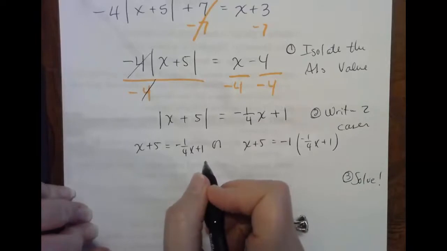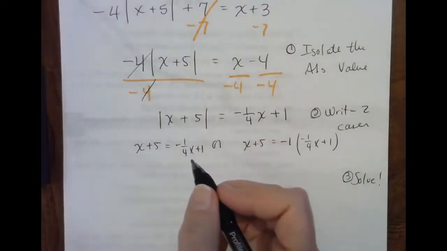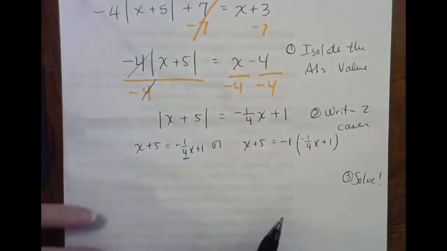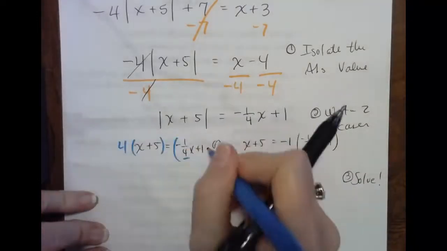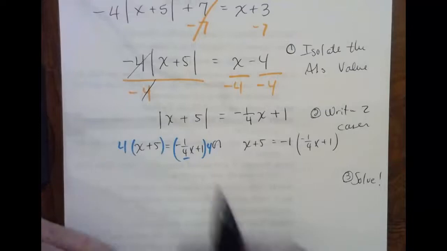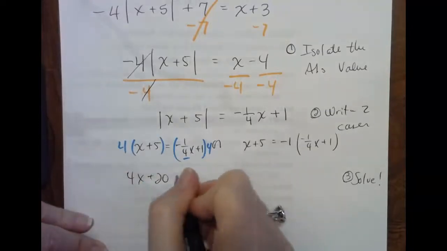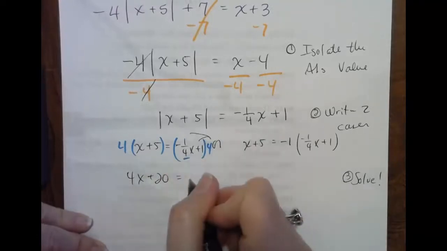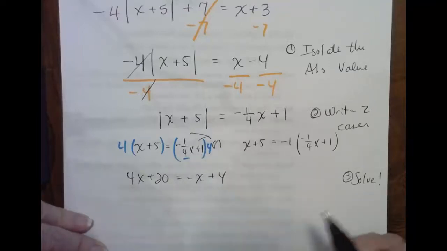So what do we have first? Well, first, let's get rid of that fraction. And to get rid of that fraction, we just want to use the common denominator. There's only one fraction, so we can deal with that. Let's multiply both sides by 4. So this will be 4x plus 20 equals, and I am distributing, -1/4 of 4 is -1, so -x, and then 4 times 1 plus 4.